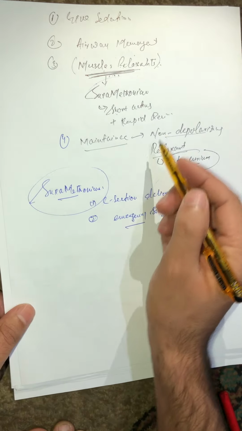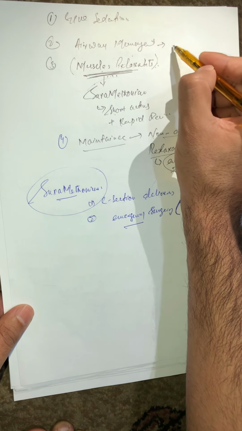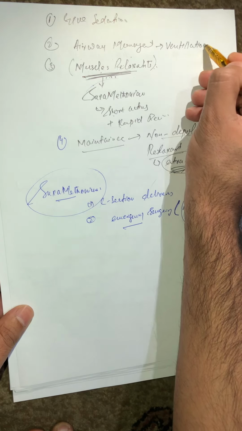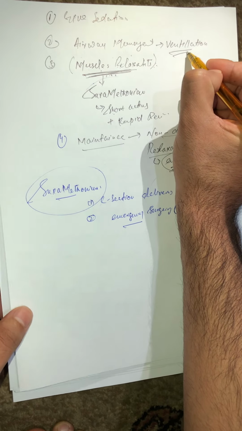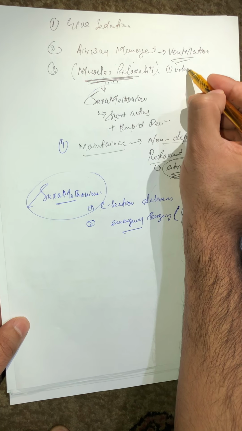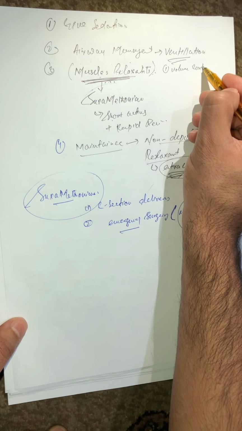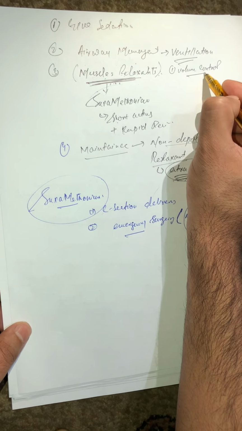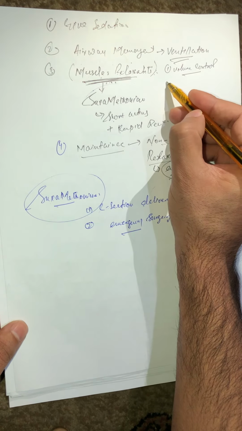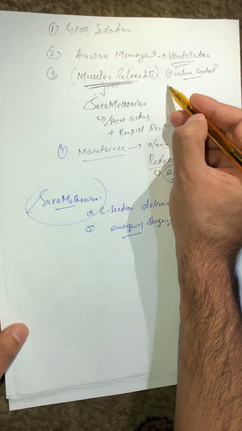As we have studied, we will manage the airway through ventilation. Ventilation also has three levels. Number one, ventilation must have volume control to prevent the overflow of air inside the lungs, because it will cause overinflation of the lungs.